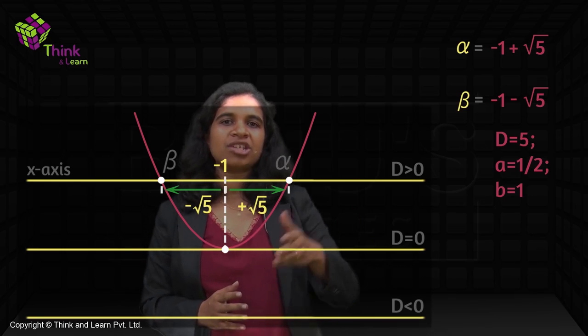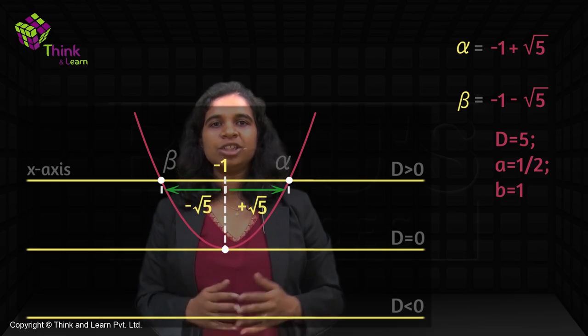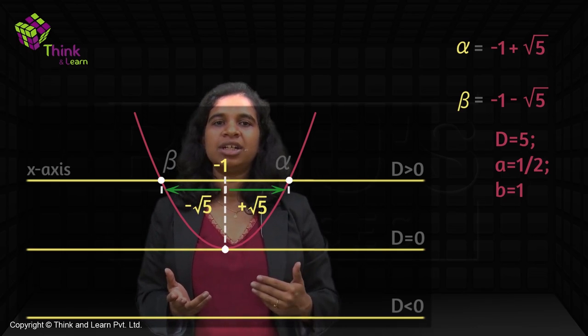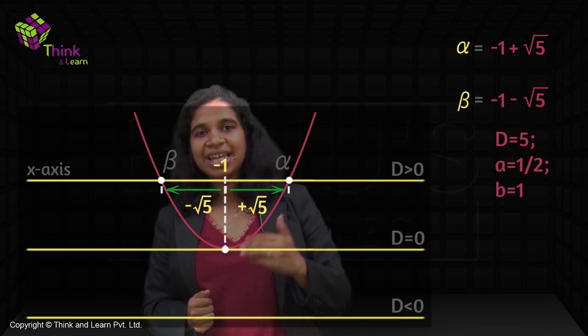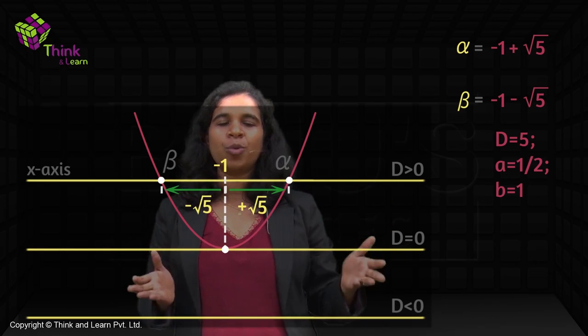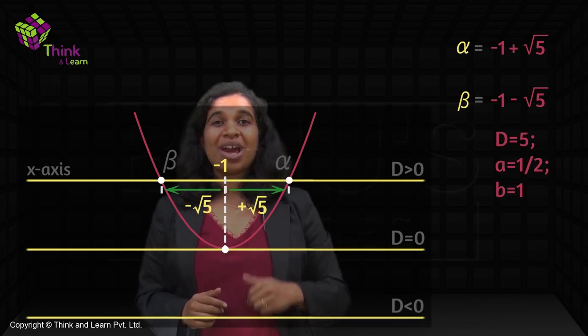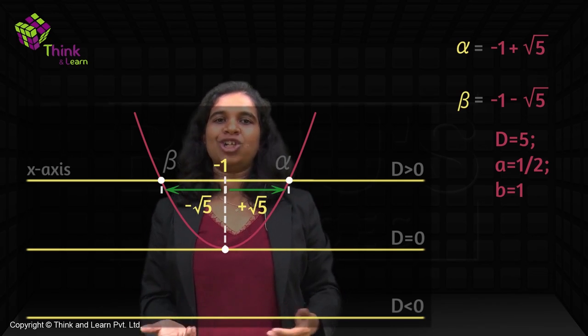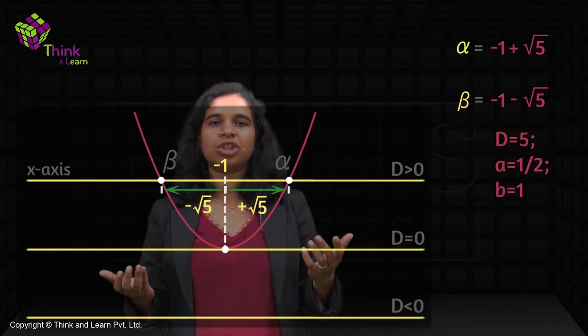Only difference is one case you're adding the distance, one case you're subtracting the distance. Now that distance might either be rational or irrational. If it is rational, it's rational for both alpha and beta. If it is irrational, it's irrational for both alpha and beta. That is why you will never ever have the case where one root is rational and one is irrational. Not possible. Because the nature depends on the distance. It's the same distance in both cases.